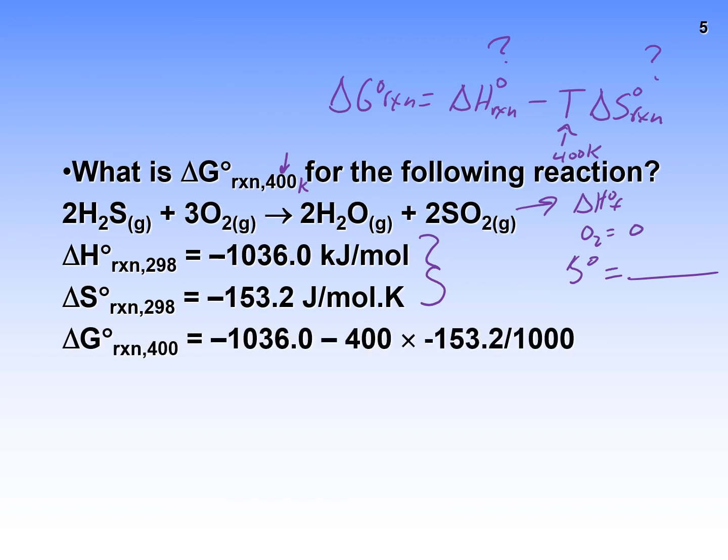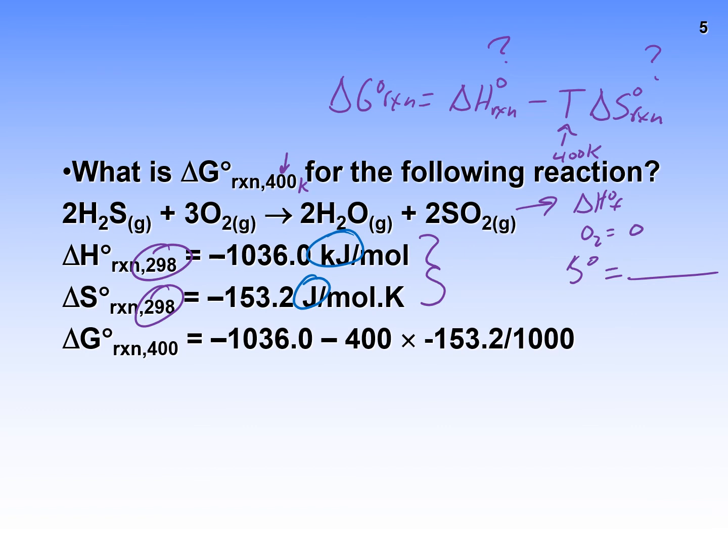Now, one of the things we do here is we always, regardless that these are actually at 298, assume that delta H and delta S do not change very much over temperature range. So we're just going to use them as though they are at 400 Kelvin. And that's what we're pretty much always going to do. Now, the other thing to make sure to take into account here, and it's a very common mistake, is this kilojoules joules thing. We need to convert one of them to the other's units.